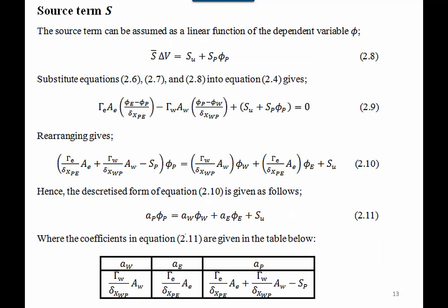Let's go back to our third parameter, which is the source term, and how we calculate this term in the differential equation.